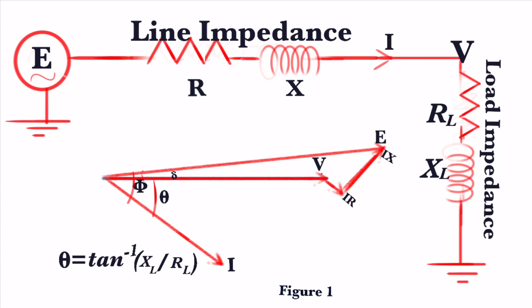The drop across X should be at 90 degrees with respect to I. In other words, the IX voltage with respect to I, I will be lagging by 90 degrees.